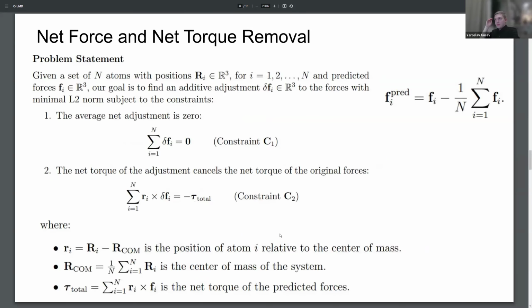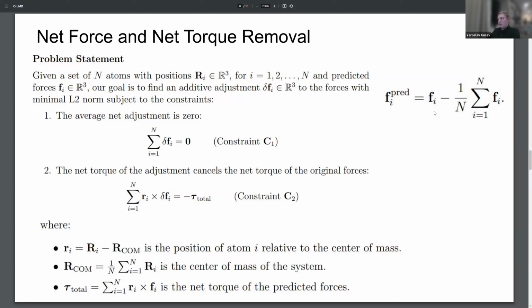Okay, then there is this issue that force is not constructed as a gradient, and if we want to make it conservative to preserve some conservation of energy properties, then the idea is to artificially, on top of the model, make some changes in predictions of force.